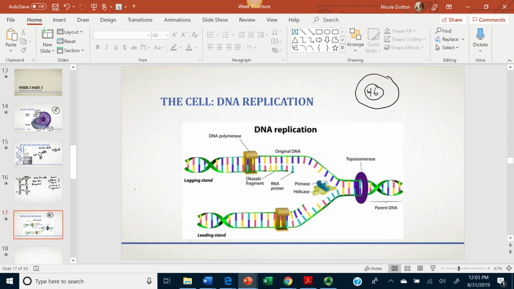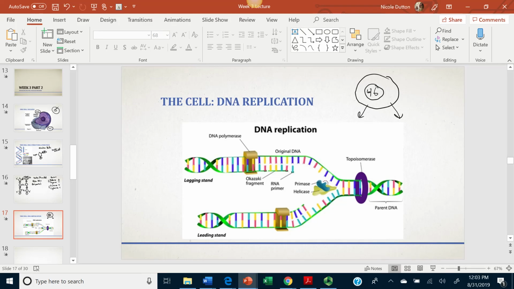Now let's say we want to make a copy of this cell. We want to go through cell division. If we just split it in half, each cell would only have 23 chromosomes. We don't want that to happen. We want it so that we can make identical copies of our cells.